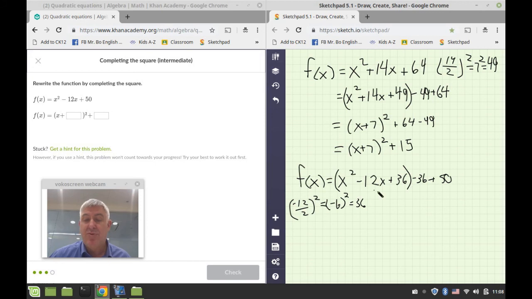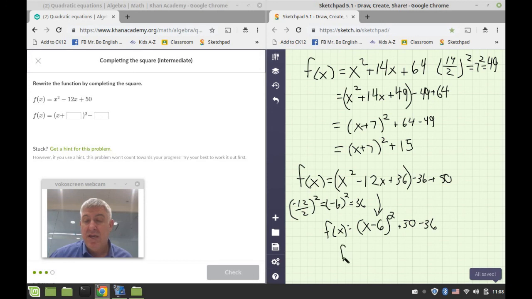And then we're going to put those together, and we'll end up with x, and our constant inside is here. Sorry, our constant inside is here. I don't know why I said coefficient. Plus 50 minus 36, and all this is equal to f of x.